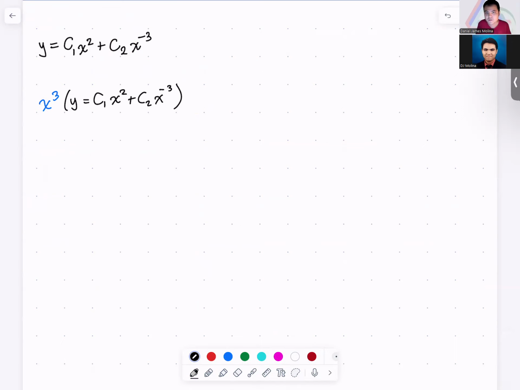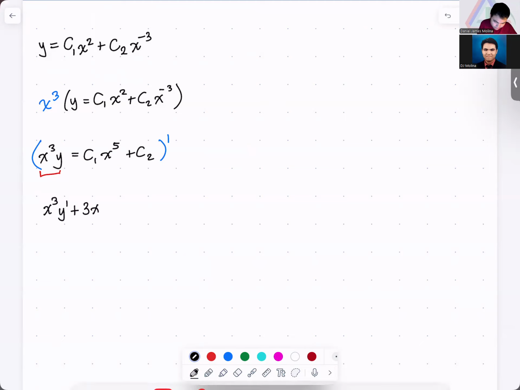When you distribute x cubed, it becomes x cubed y equal to C1 x to the fifth plus C sub 2. All right, then let's differentiate. Take note, we'll use the product rule here. With the product rule, we have x cubed y prime plus 3x squared y.